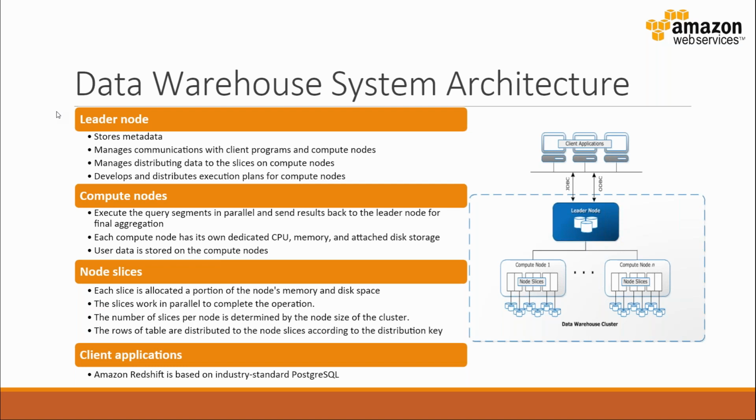If you take a single node cluster, only that node will act as a leader as well as compute. But if you take a multi-node cluster, meaning minimum 2 nodes, you will get the leader node free. And that leader node will be automatically assigned by AWS. You will get it extra from AWS.